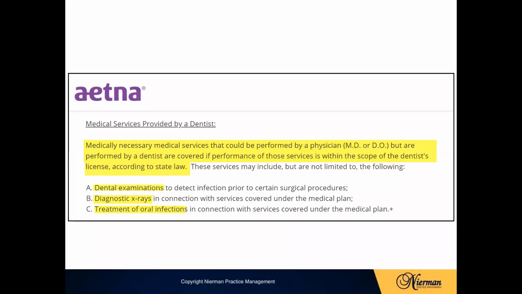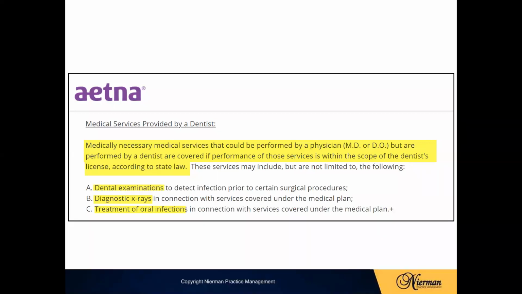But in there they'll state, okay, we cover dental examinations to detect infection prior to surgery. Anytime you take diagnostic x-rays for services that are covered in the medical plan, yes, we'll cover those. And treatment of oral infections, that statement is in almost every medical policy there.